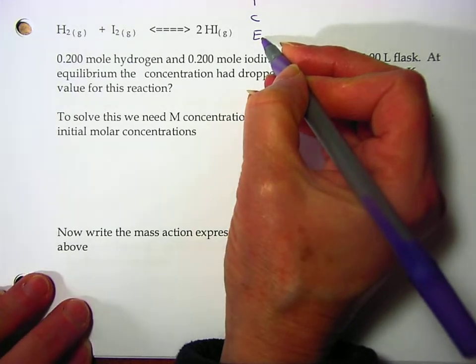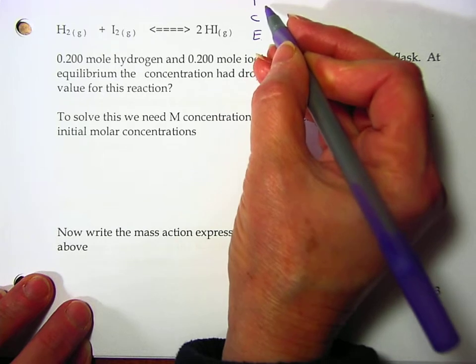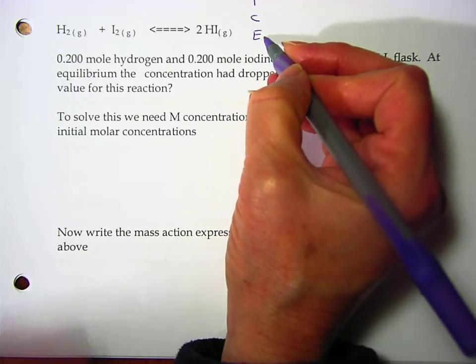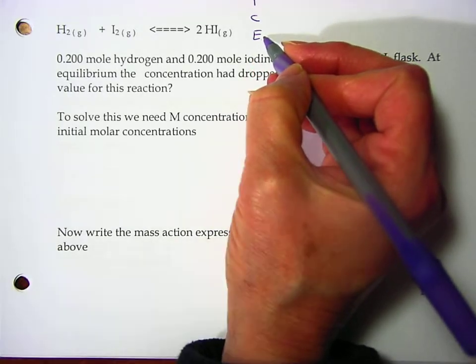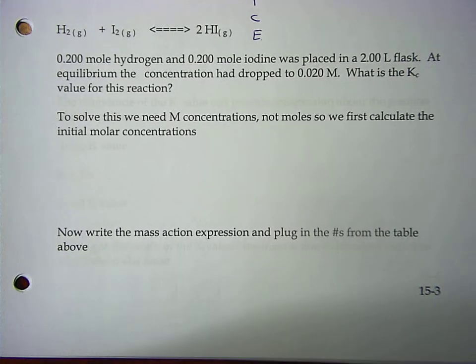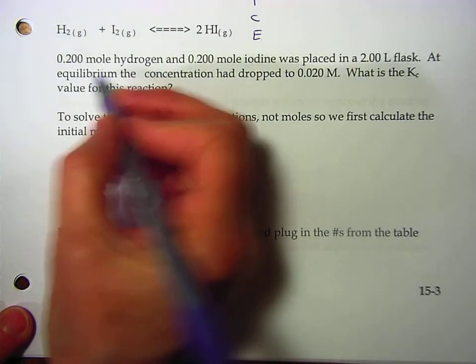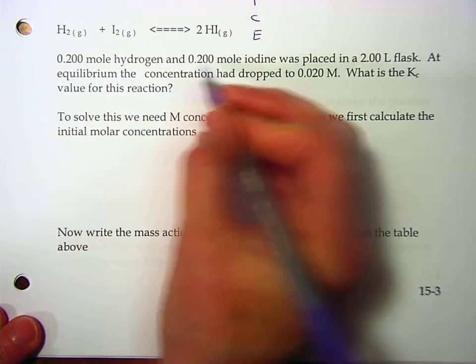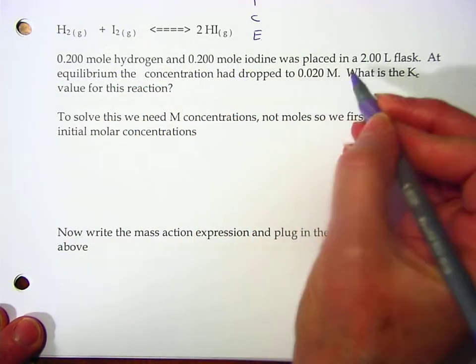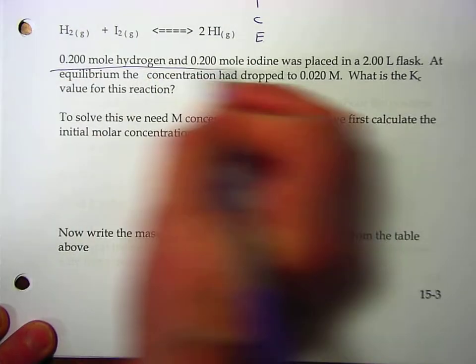Our initial concentration and our equilibrium concentrations will always be in moles per liter, and as a result our change will be in moles per liter as well. So let's look at how we fill this in. We have 0.2 moles of hydrogen and 0.2 moles of iodine placed in a 2-liter flask.